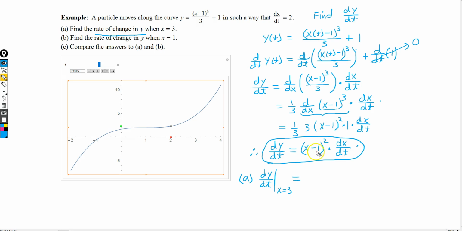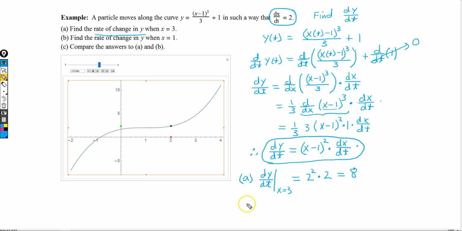And so we get 3 minus 1 is 2 squared times dx/dt, now we were given that that was 2 up here, right? So we can put 2 in there, and we get 4 times 2, or 8. So dy/dt, or the y, is changing at the rate of 8 units per unit of time when x is equal to 3.